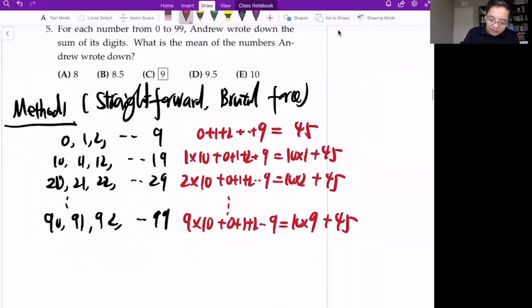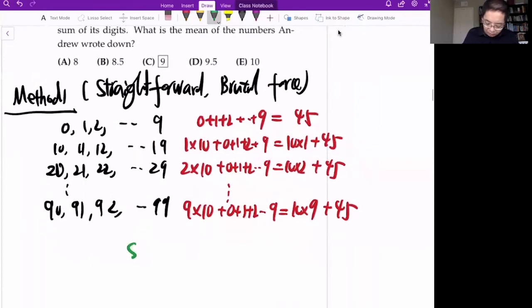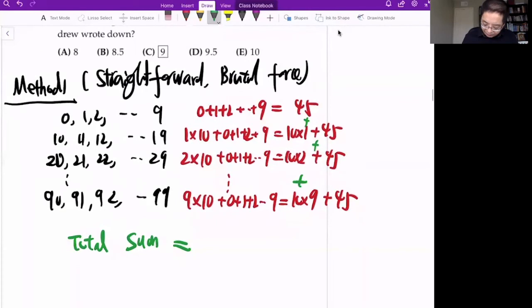Okay, so the total sum equals, we just add all those together, right? So what we have is 10 times 1 plus 2 all the way to 9, and then plus 45 times 10.